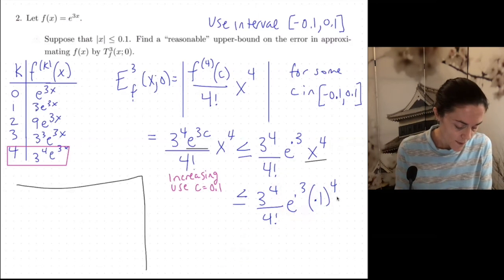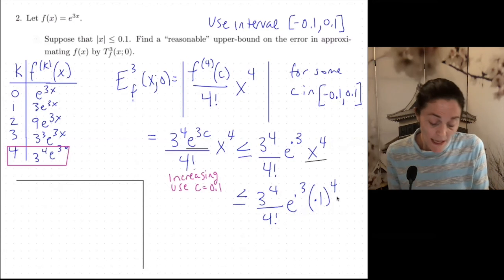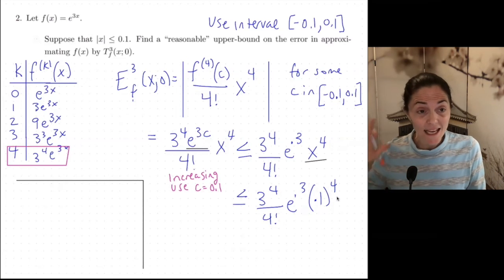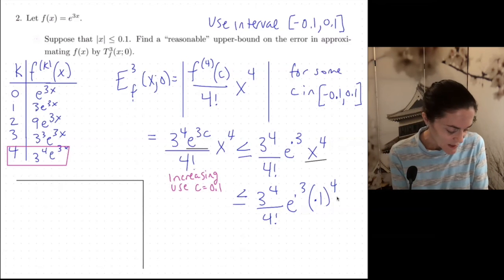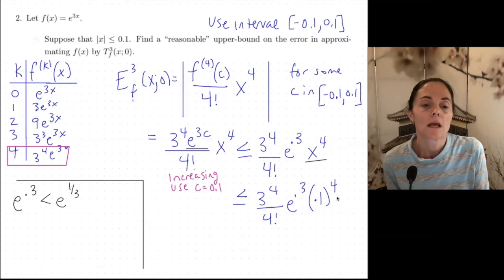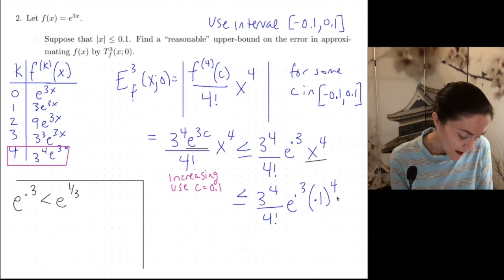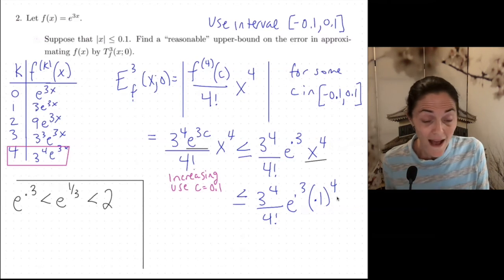Make a little side box. e to the x is an increasing function. And so this is definitely less than e to the 1/3. And now I can confidently say this is less than 2. And why is that?